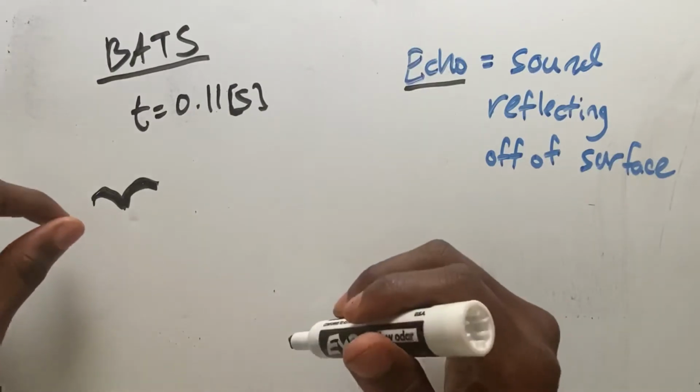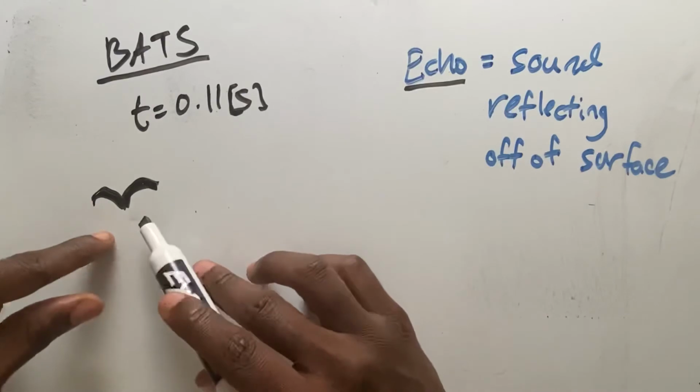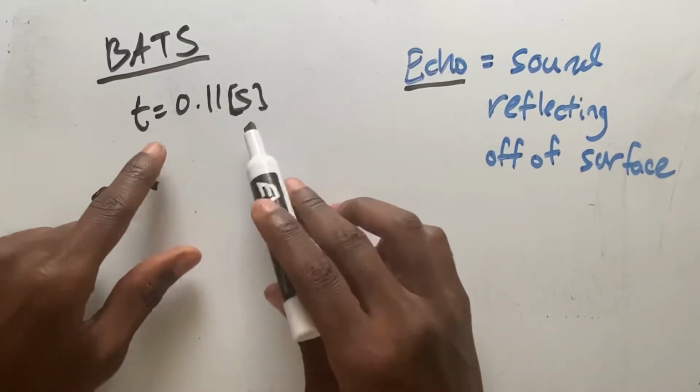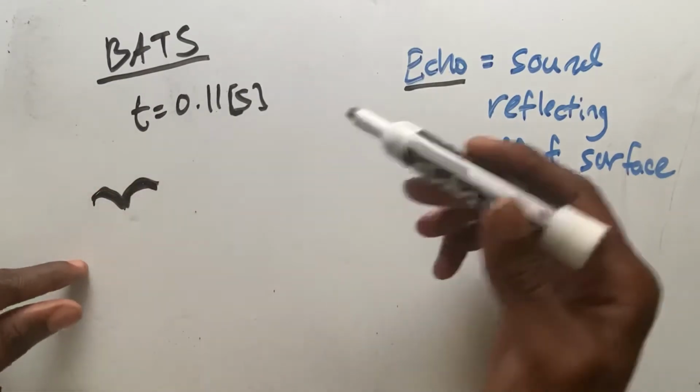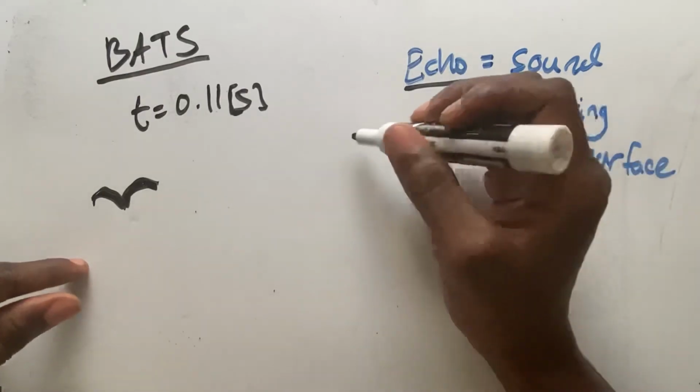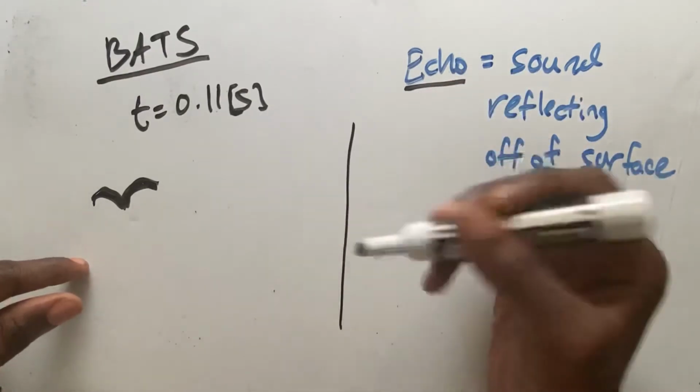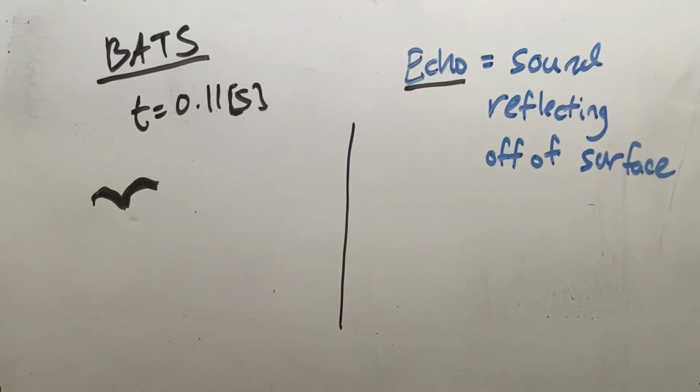So the question asks, if this bat hears his echo in 0.11 seconds, how far away is it from a wall? Let me just see if I can find the question so I'm not messing it up.